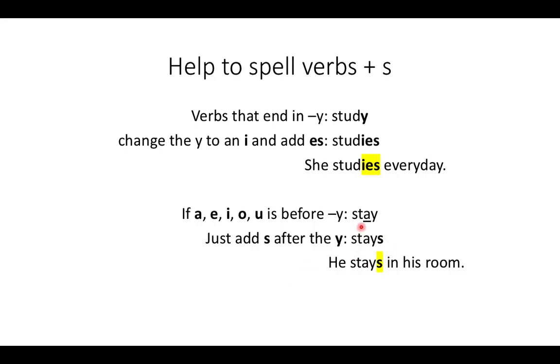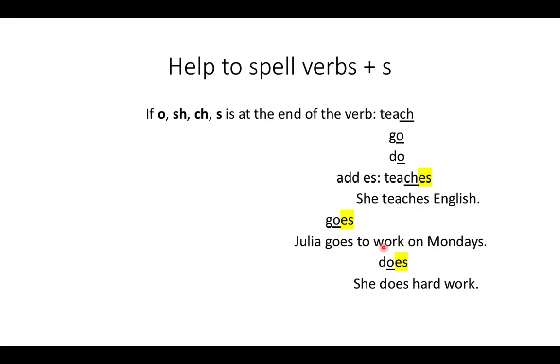So stay just turns into stays, S-T-A-Y-S. He stays in his room. So that's super easy. So for this one, you just look before. So it wouldn't be stays because it ends in a Y, because there's an A before it, or if there's an E, I, O, U before the Y, you just add an S.